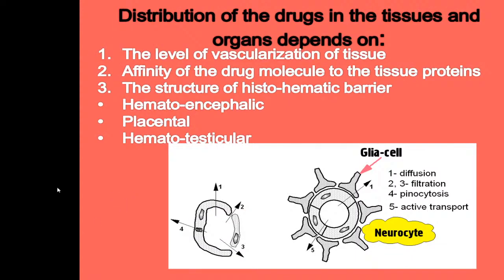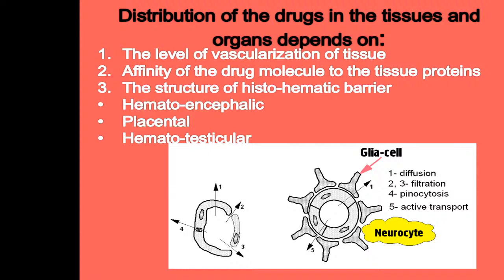Distribution of the drugs in the tissues and organs depends on the following. First of all, the level of vascularization of tissue. The more tissue is vascularized, the more drug is in this tissue.